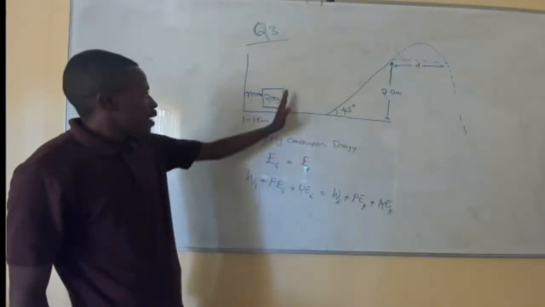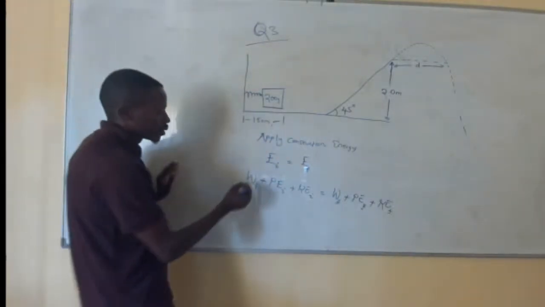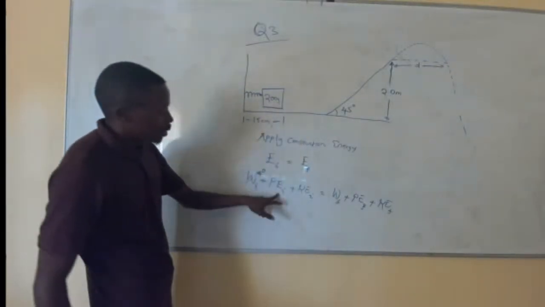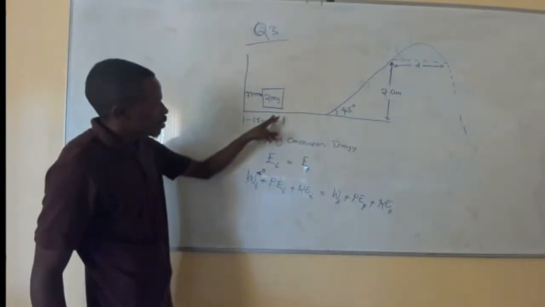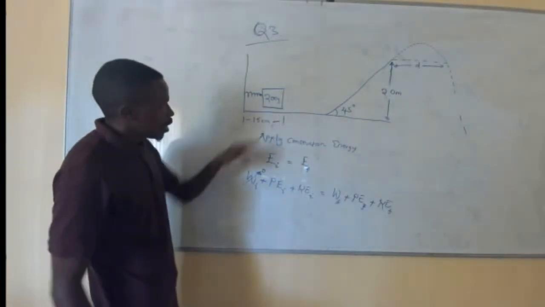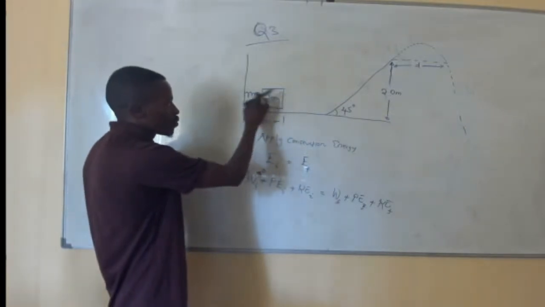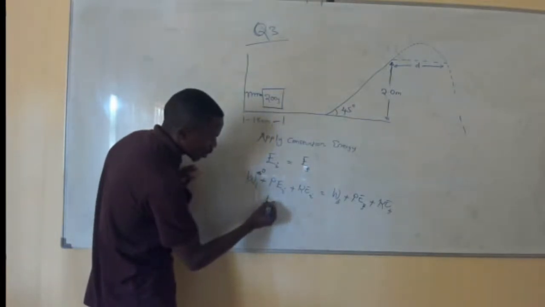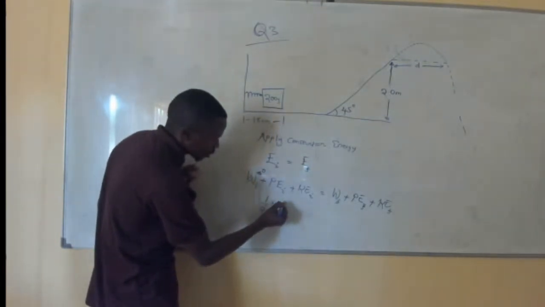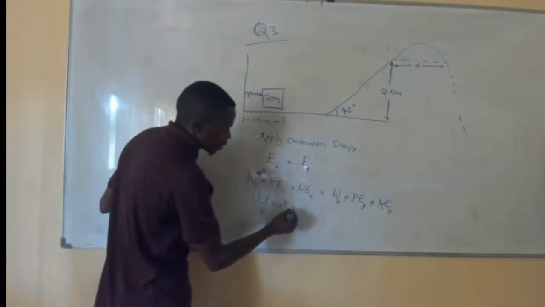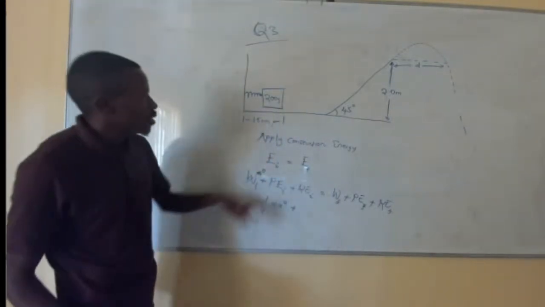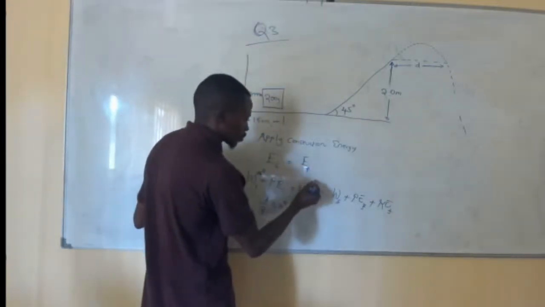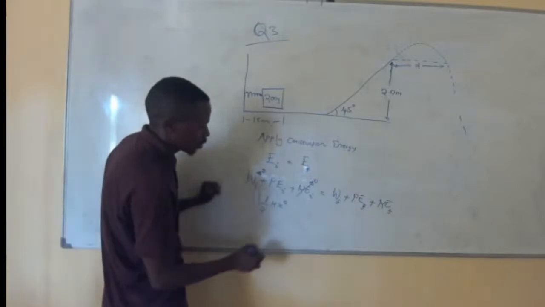The work done in compressing the system is just 0. The potential energy in this case is the energy stored in the spring, which is given by half kx squared, plus the initial kinetic energy, which is just 0.